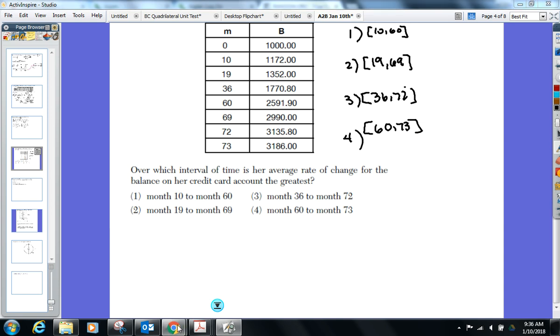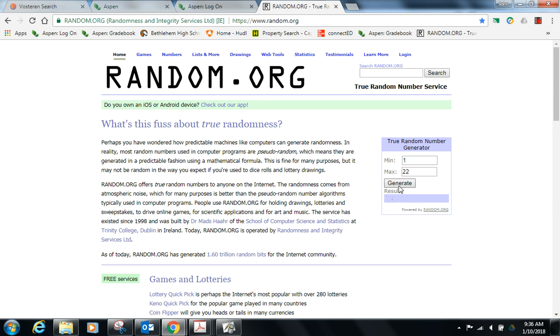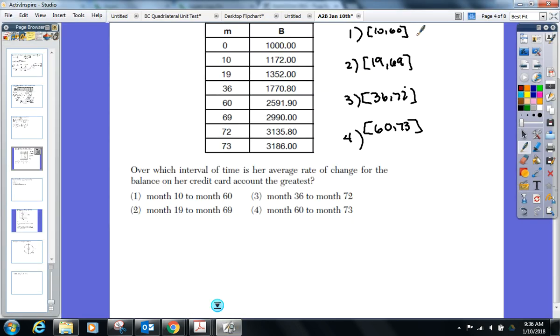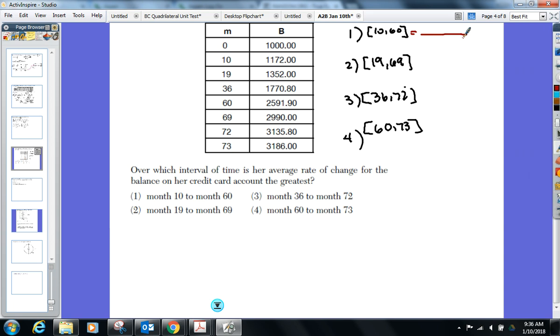All right, so for 10 to 60, let's hear it. Not saying a word anymore. 8 again. Go ahead, Brendan. Actually, no, I'm going to pick somebody new. 4. Okay, here we go. For 10 to 60, what should I be writing to find its average rate of change? Yep.